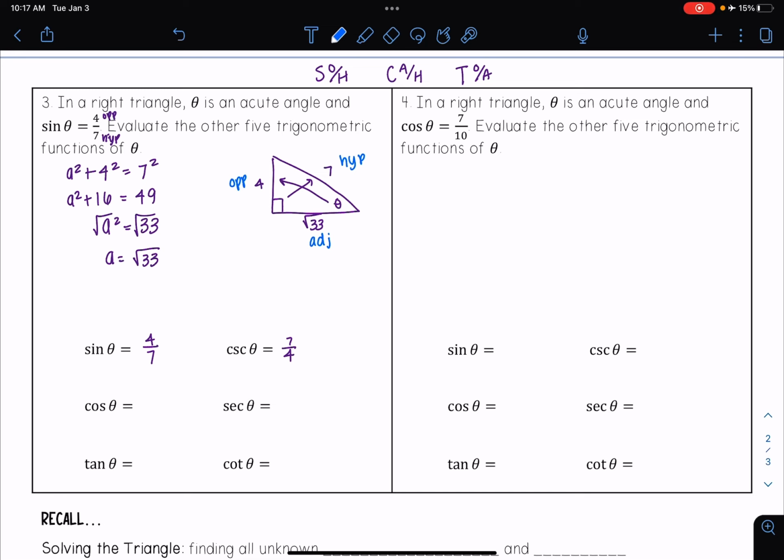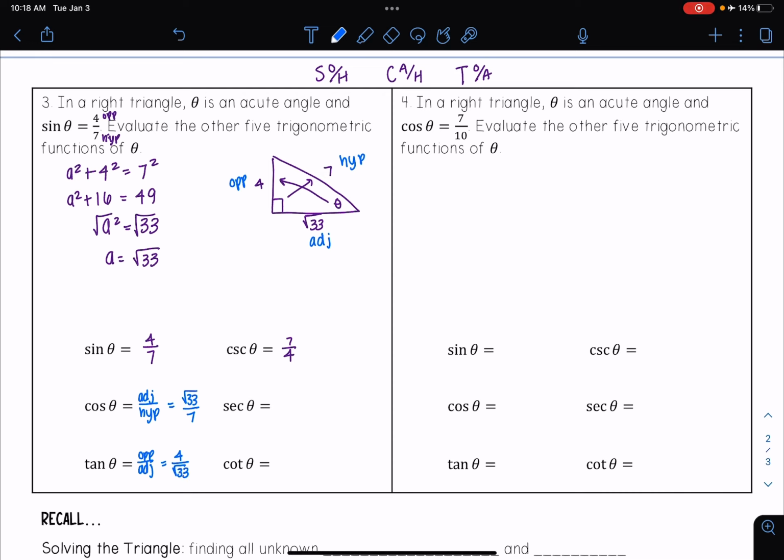Now we're going to fill out the rest of this. Cosine of theta, that's CAH, adjacent over hypotenuse, so that is going to equal the square root of 33 over 7. And then tangent of theta, that is TOA, opposite over adjacent, so that's going to be 4 over square root of 33.